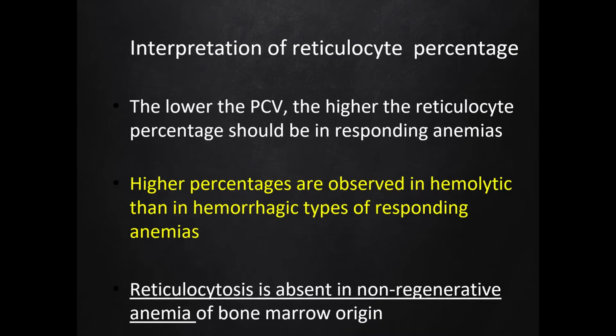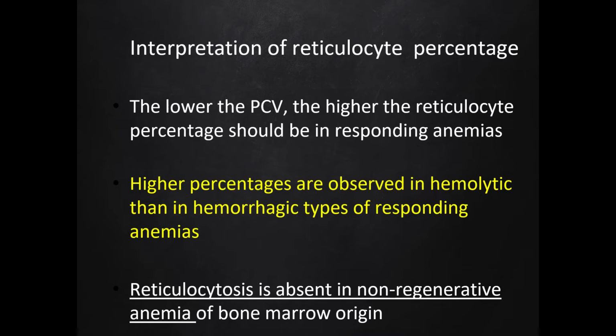So when comparing a regenerative anemia and a non-regenerative anemia, you can always see it in the blood smear. If you want to differentiate between the two, in non-regenerative you cannot see any reticulocytes, or there is no reticulocytosis. But in regenerative, you can see numerous reticulocytes, or there is a reticulocytosis.